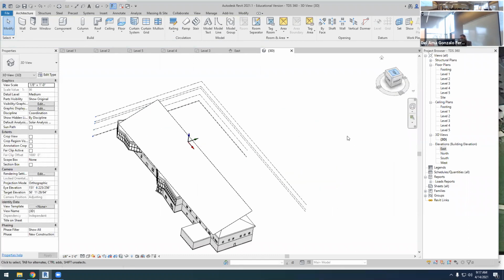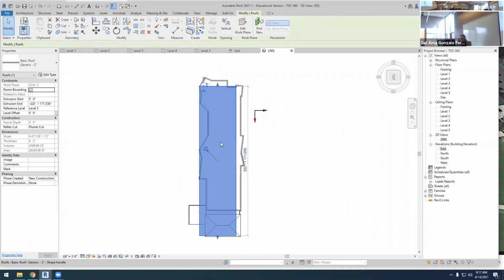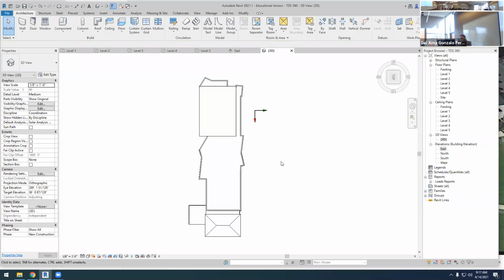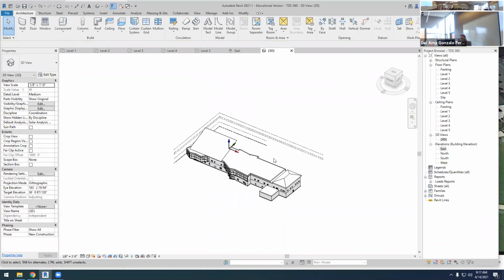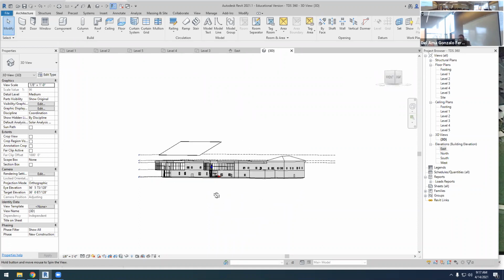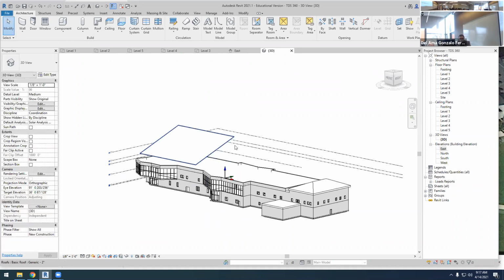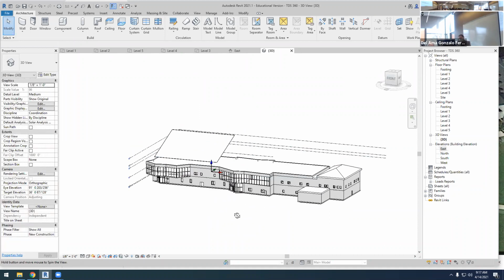But in this case, we don't have all this roof, and I think we should start here. Yeah, something like that. We don't have the structure yet. We are not going to do it today. I just want to analyze the potential of this building.